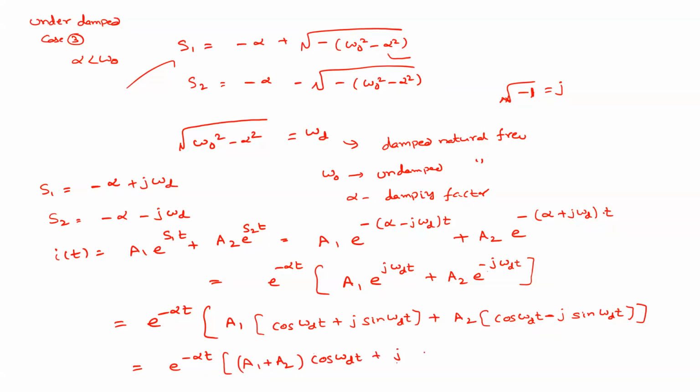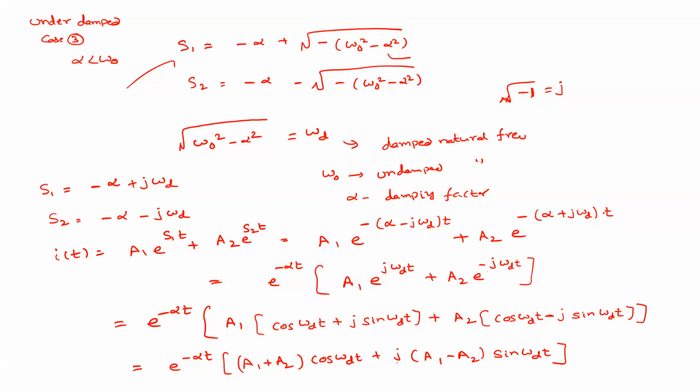Plus j into a1 minus a2 into sin omega d t.